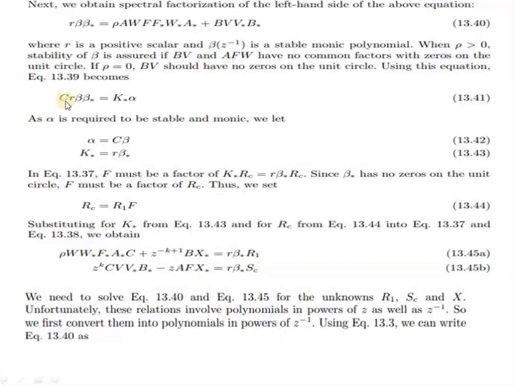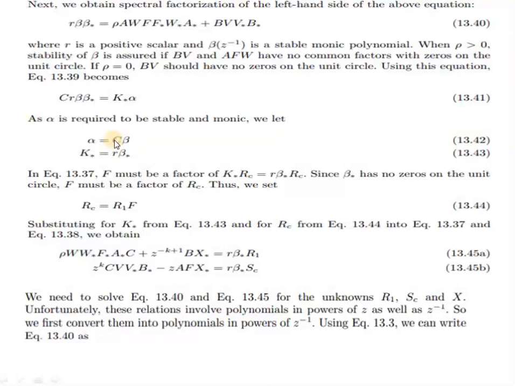Alpha, which we studied earlier, is a characteristic polynomial, and alpha is always stable for the system to be stable. Therefore alpha is required to be stable and monic.